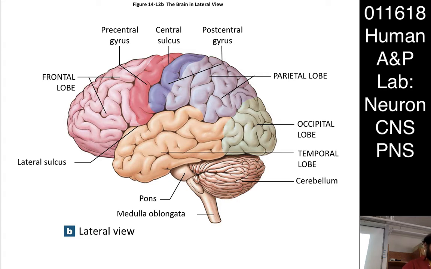The central sulcus separates the frontal and the parietal lobes, but it's an important boundary because on either side of it are the precentral and postcentral gyri.